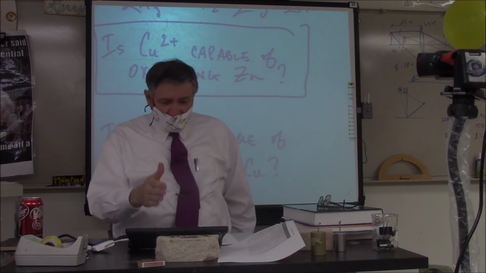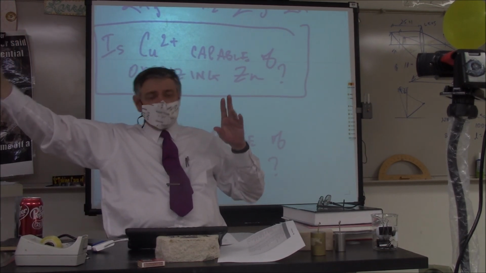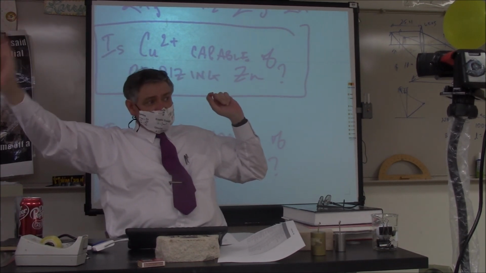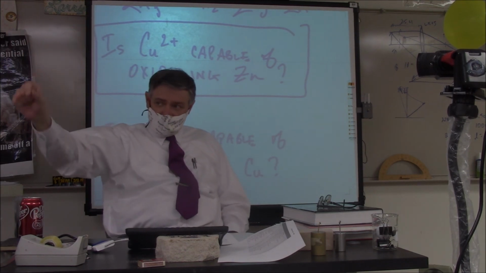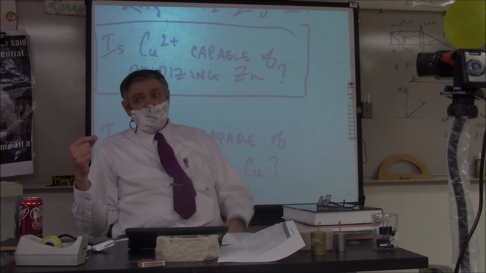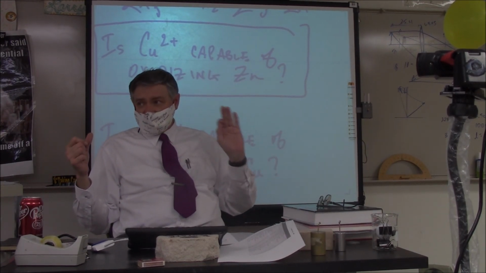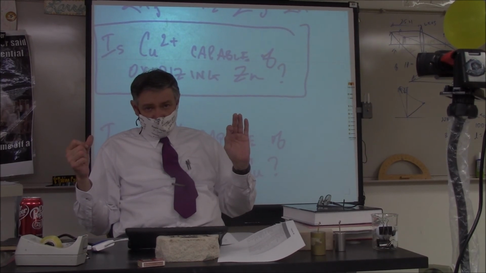So when you get done with 47, you want increasing strength. The last thing that you list is the one that is most willing to take in electrons. The first one that you list is the one that is least willing to take in electrons. Does that make sense?